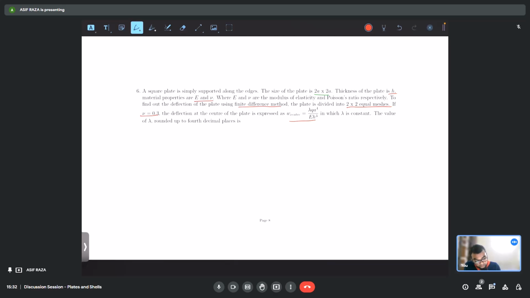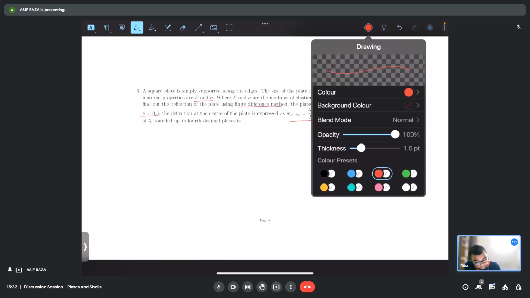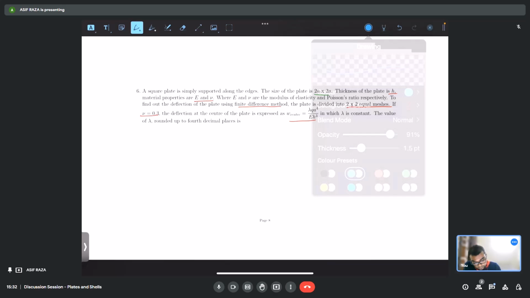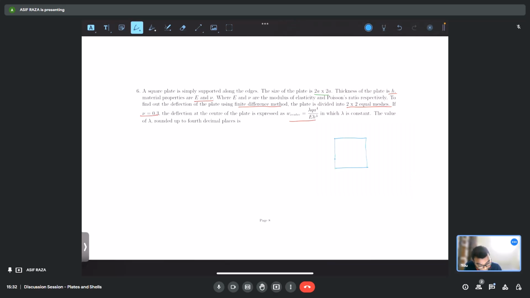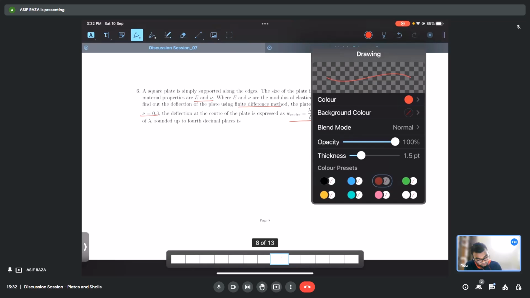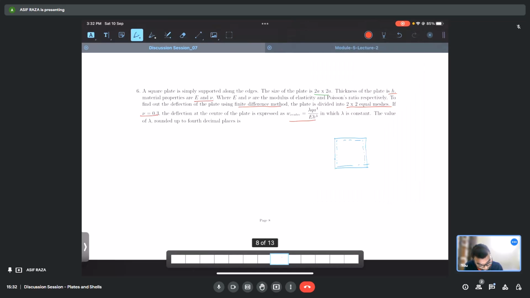So let's draw what we are given first. We are given a square plate, simply supported along all edges. We need to divide into 2 by 2 meshes.